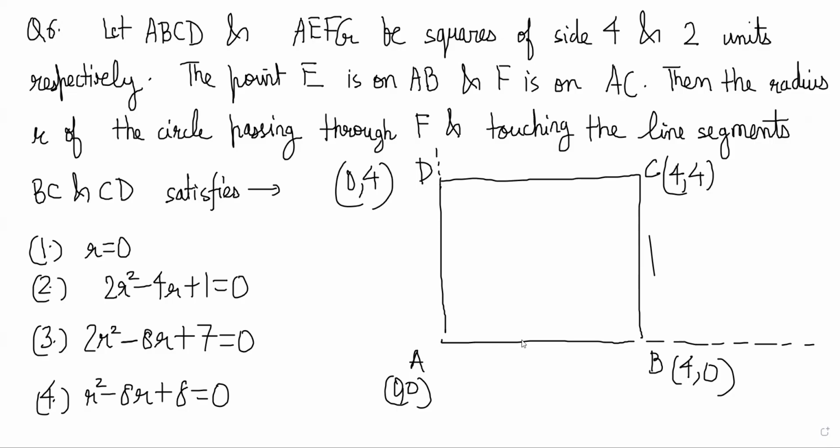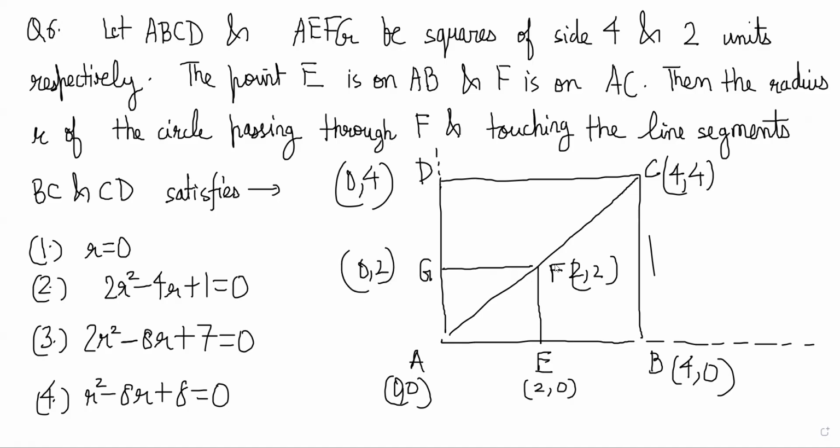The point E is on AB and F is on the AC diagonal. This is my diagonal, and AEFG is a square. So we can have a situation like this where this is my square, EFG, and this has length of 2 units. Therefore the point E will be (2, 0), this point would be (2, 2), and this point will be (0, 2).